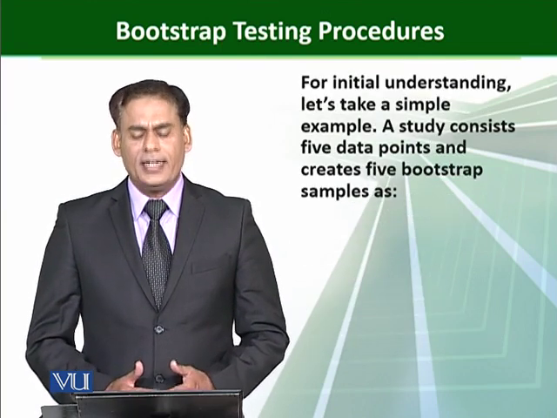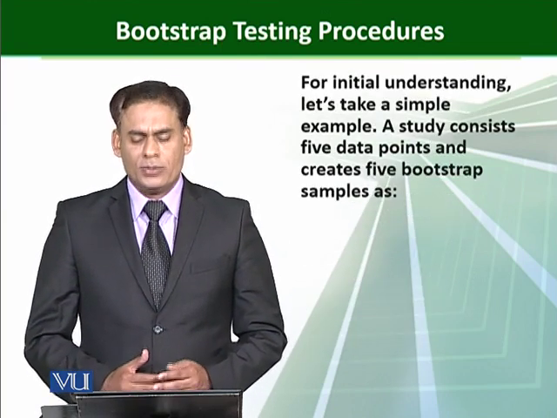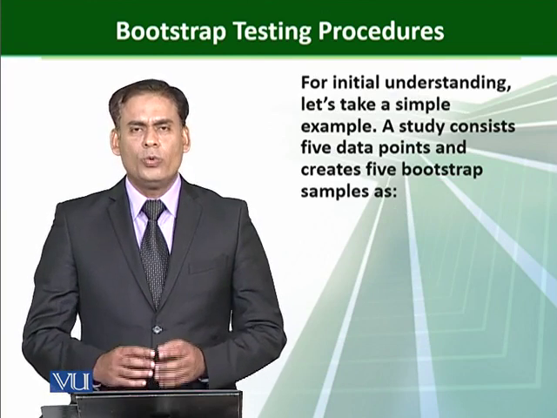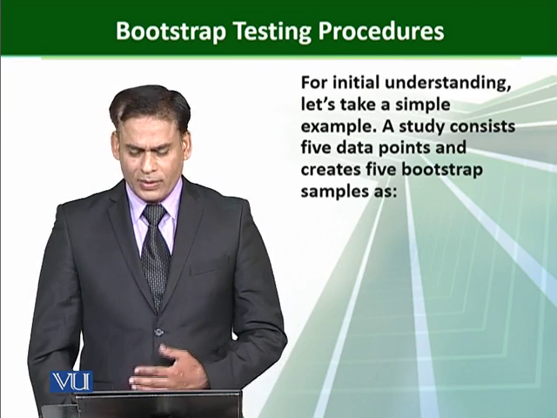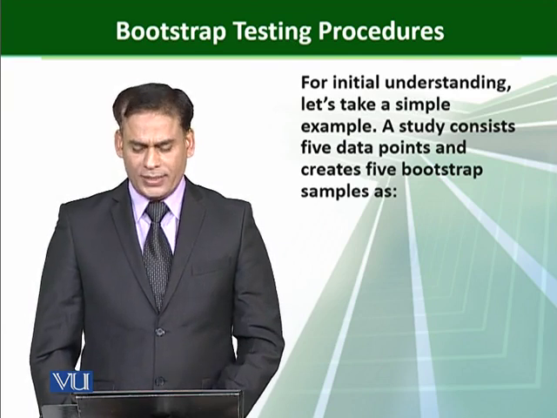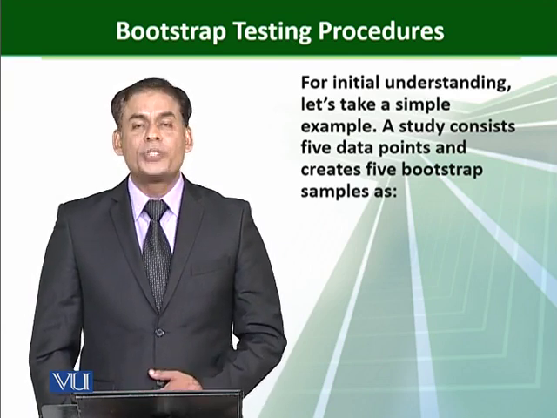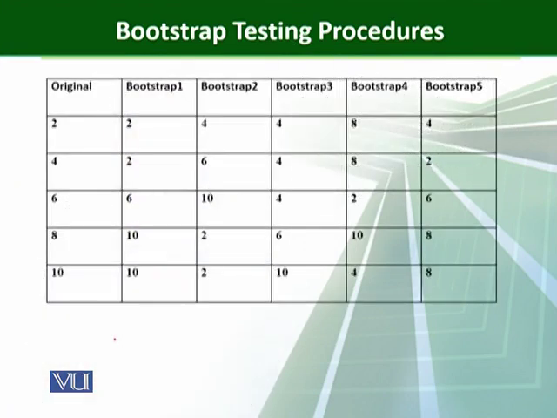For initial understanding, let's take an example so that one can understand how the bootstrap works. Let's say the study consists of 5 data points and we create 5 bootstrap samples. The original data is based on 5 observations: 2, 4, 6, 8, 10.